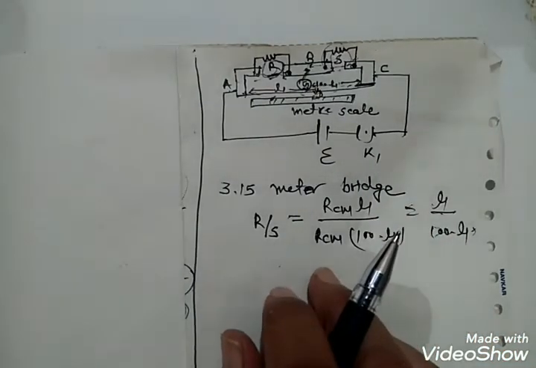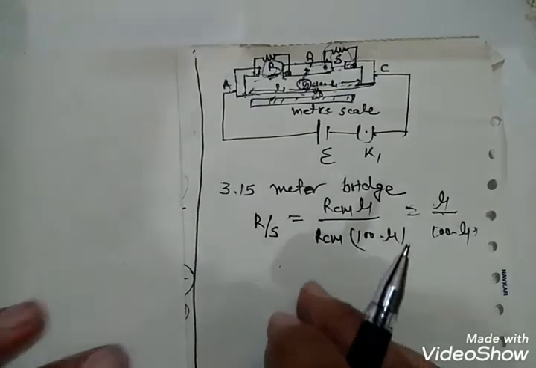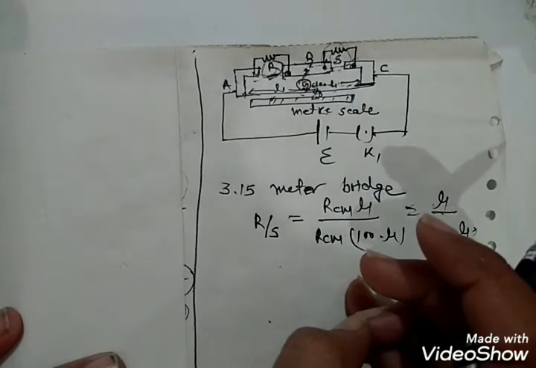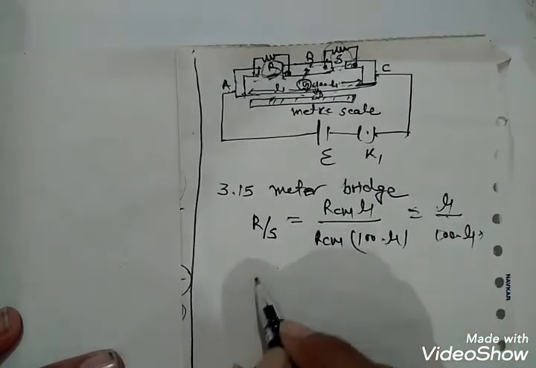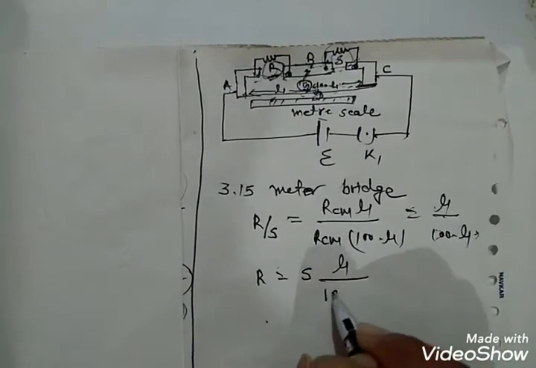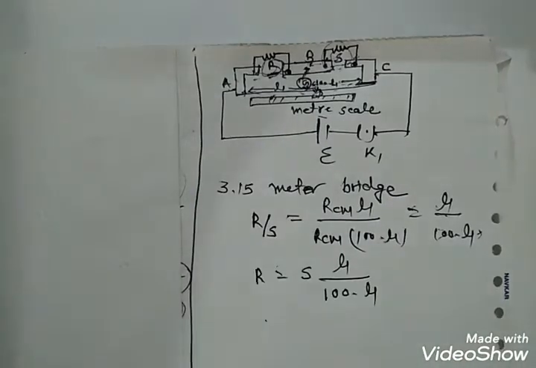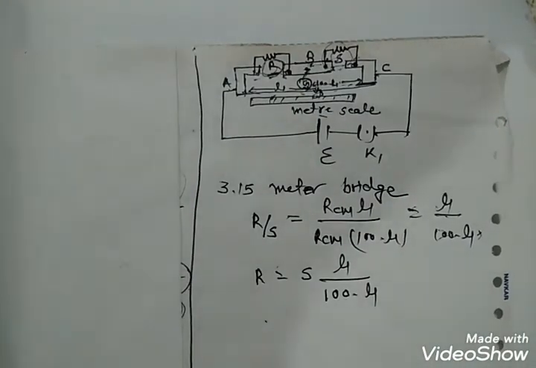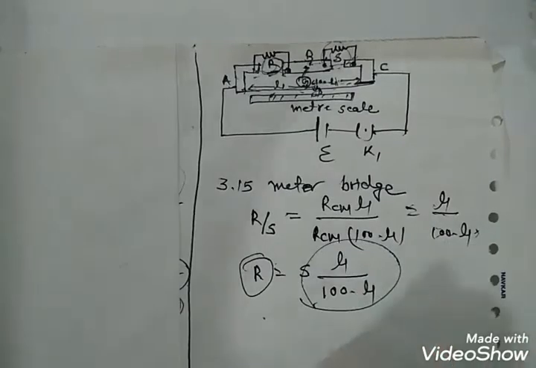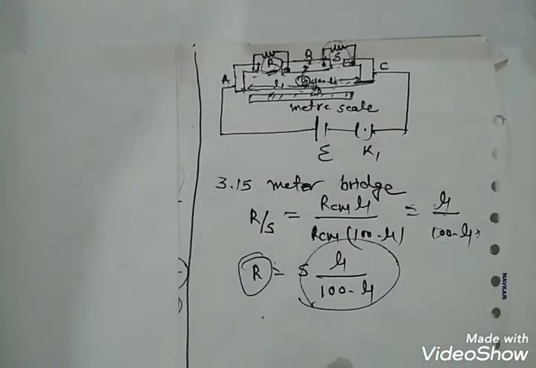Once we have found L1, the unknown resistance R is known in terms of the standard known resistance S. So R is equal to S L1 upon 100 minus L1. By choosing various values of S, we get various values of L1 and calculate R for each case.